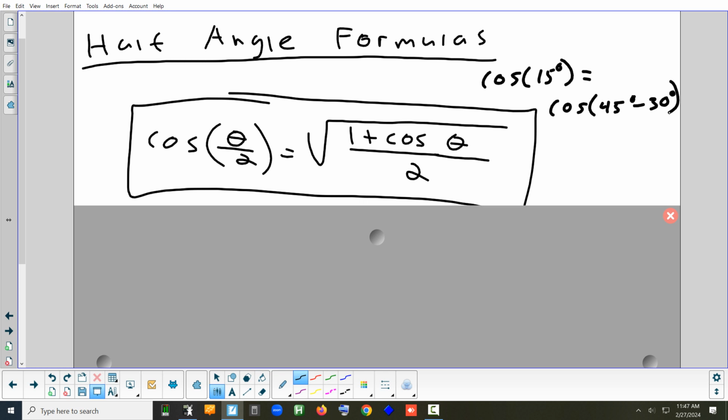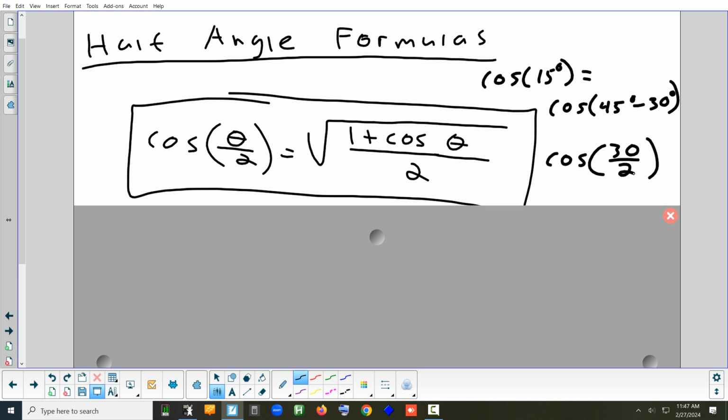Then you want to have another guess at how you could write the number 15 using an angle that we know. Yeah, 30 over 2. Now yesterday that wouldn't have helped at all because we didn't have a formula for when you had a 2 in the bottom. Now you do. So if you wanted to figure out the cosine of 15, you could do it this way.